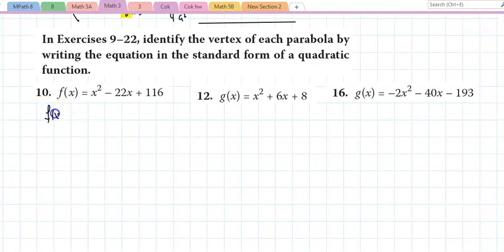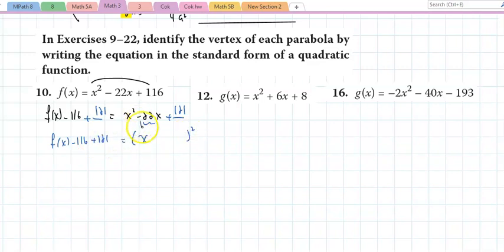You could say f of x equals x squared minus 22x, and move the 116 to the left. And you could add a number to both sides of the equation. And you could say f of x minus 116, take half of the middle number, which is 11, and square it, that's 121. And this right side becomes a perfect square.